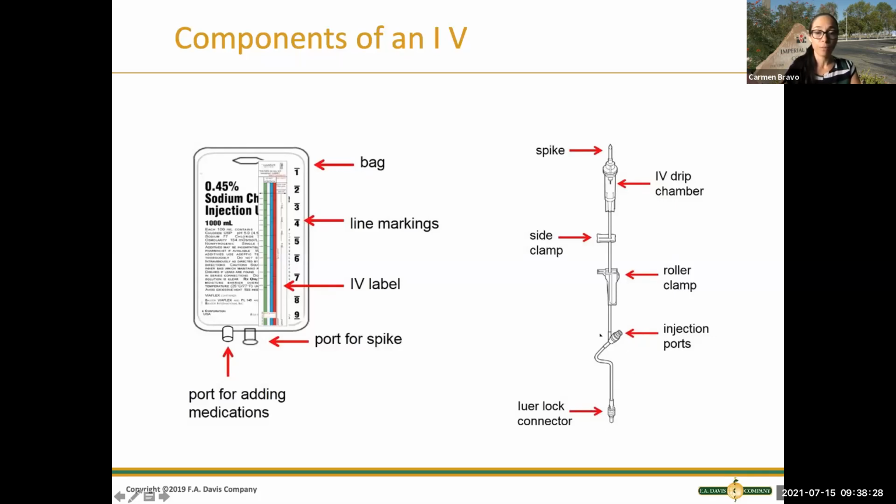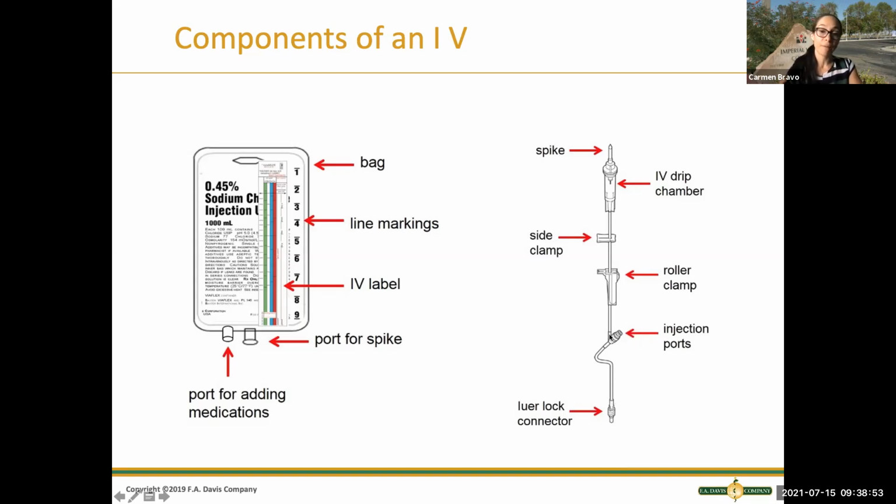Then we have a port that we use to administer medication while they're having a continuous infusion. We can inject medication from here, and as the fluid is continuously pushing this way, it goes directly into the vein.